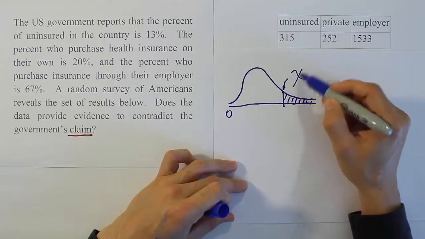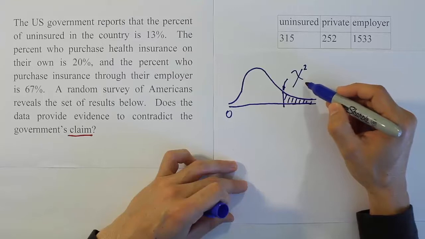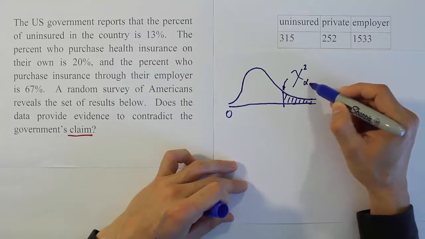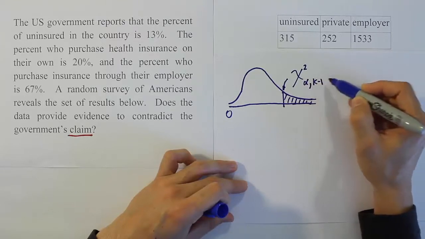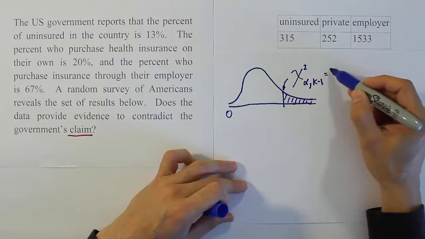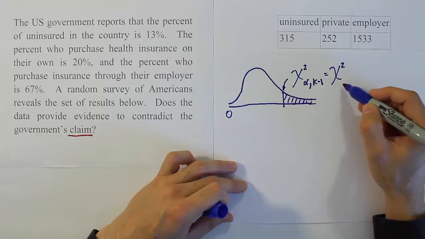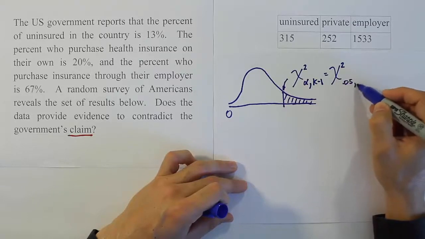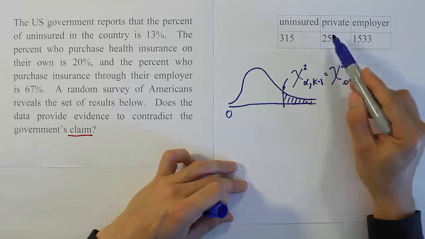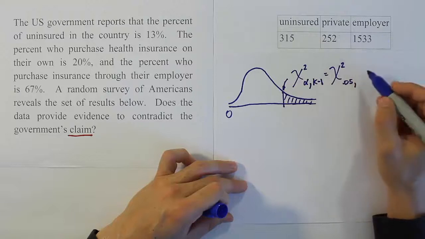Well, it's going to be a chi-squared value that we're looking for, and it's going to basically be alpha comma k minus 1 degrees of freedom. That's how we're going to look it up. Well, in our case, for our problem, alpha wasn't given, so we'll assume it's 0.05 as a default. And k minus 1 means how many cells or how many categories do we have minus 1.